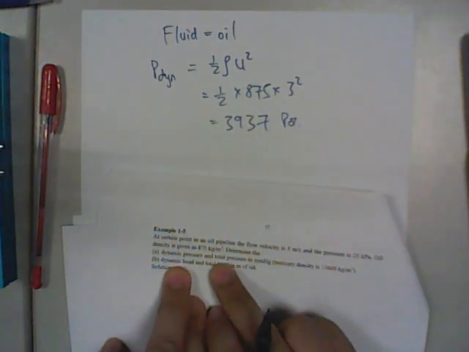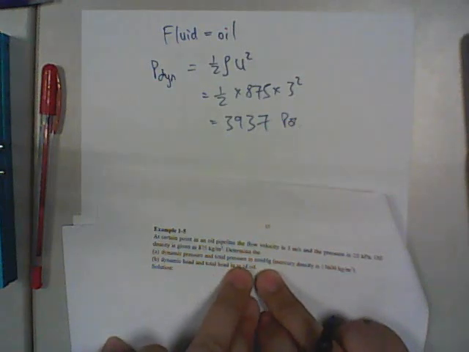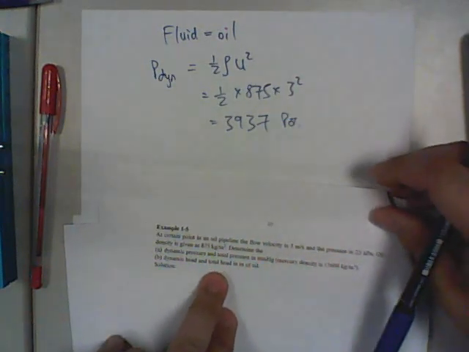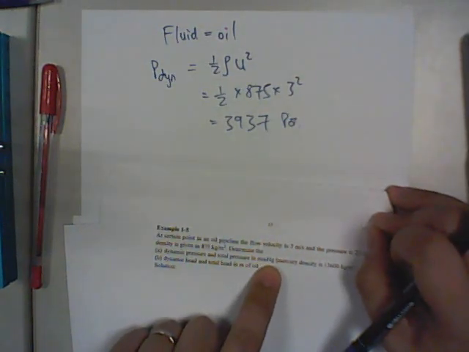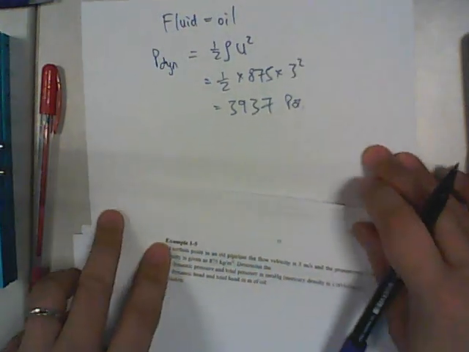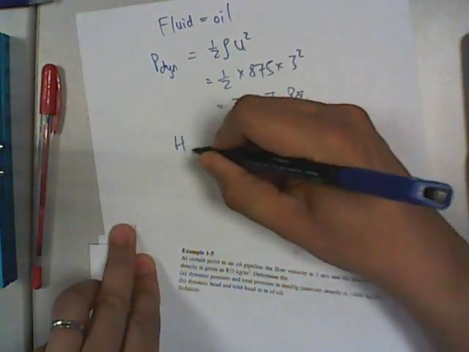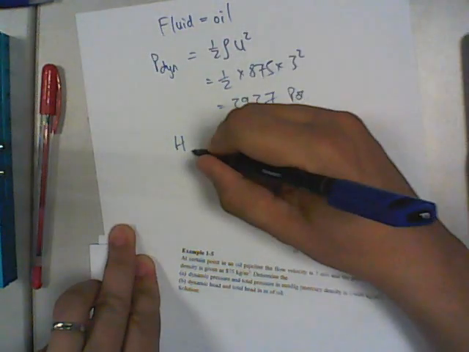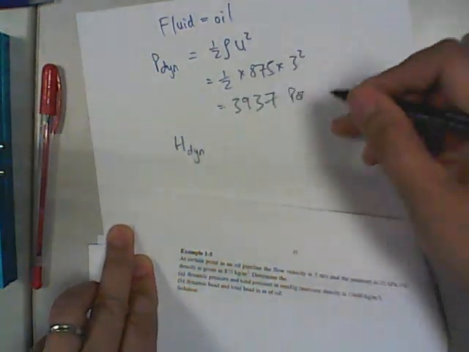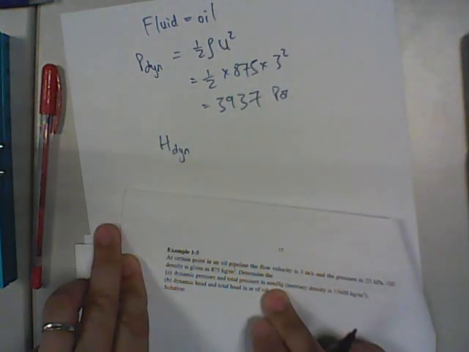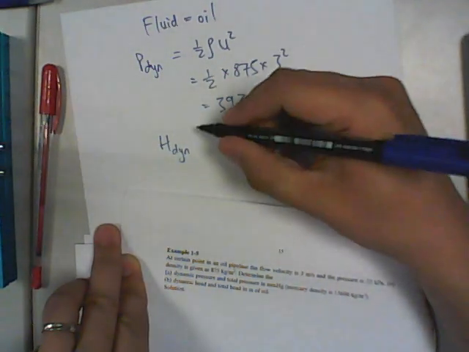But part A actually asks you to express this dynamic pressure in mmHg. It means a certain length of mercury. So instead of finding the pressure in pascals, you are supposed to find the pressure head in millimeters of mercury.